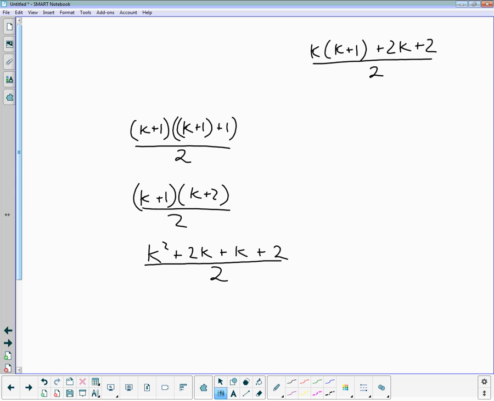Right? That's our trail of breadcrumbs. So all I really have to do right now is multiply that out and then work backwards, and I'm done.